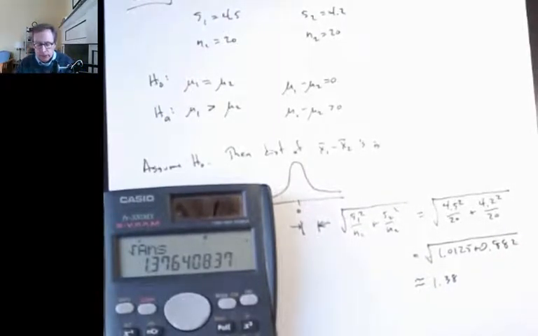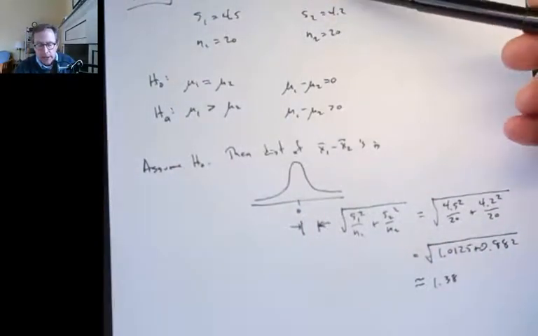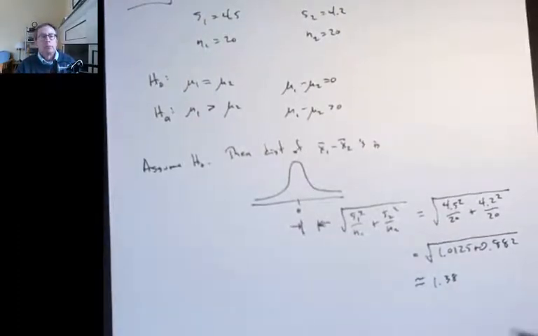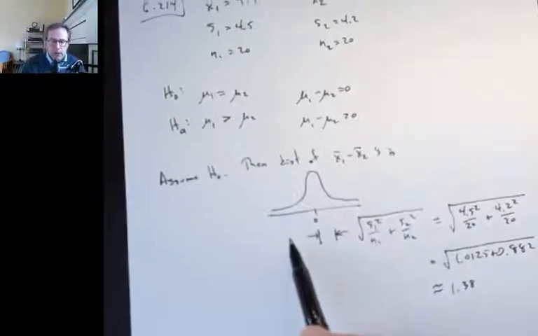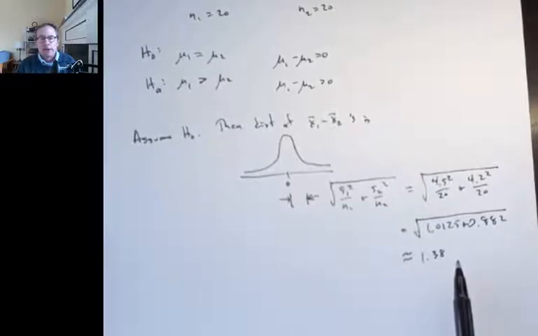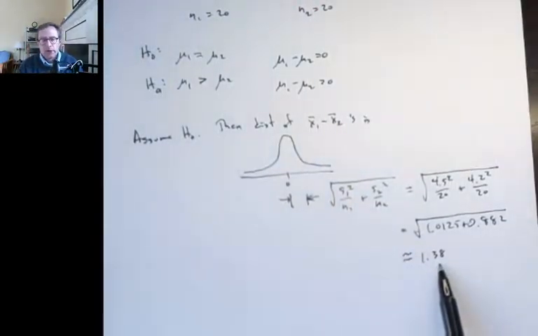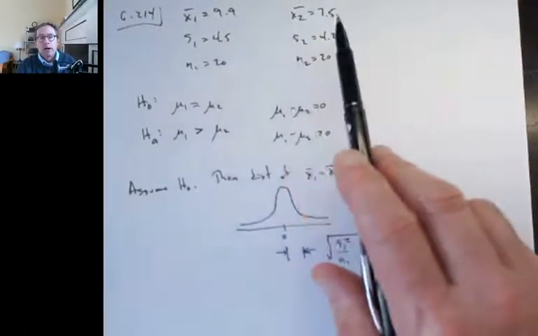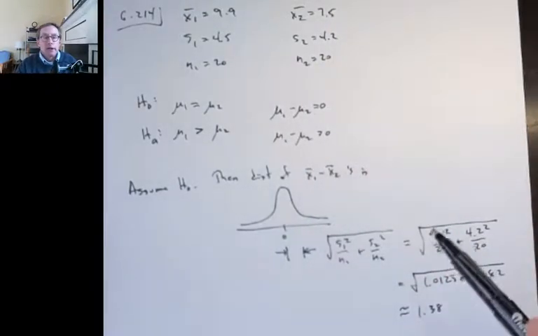Okay? And again, anybody can punch a wrong button, but in a context where numbers are like 9.9 and 7.5, if we got 200 here, I'd be wondering if I punched the wrong button. But in a context like that, having a spreadedness of 1 1/3 seems perfectly possible. Okay, so back to the usual hypothesis test stuff. We assumed H0, the distribution looks like this with this spreadedness, and all we got to do is figure out, is our number 9.9 minus 7.5 crazy way off, or is it perfectly everyday?